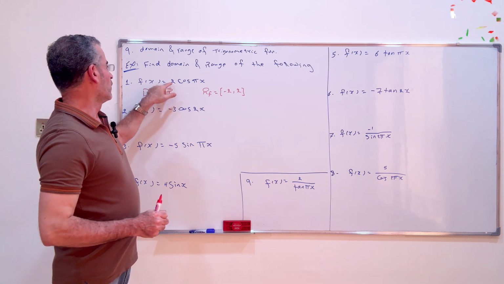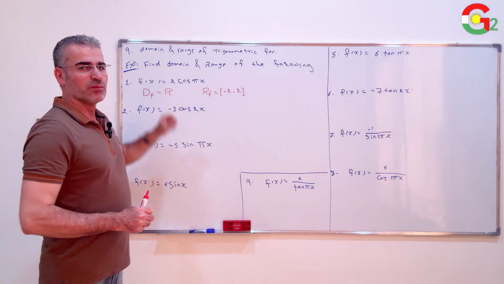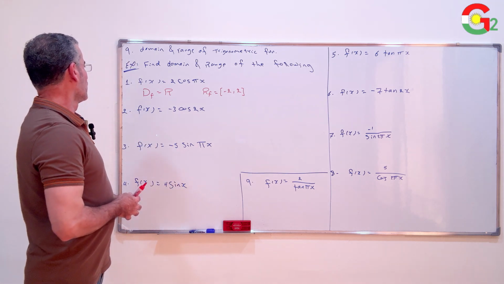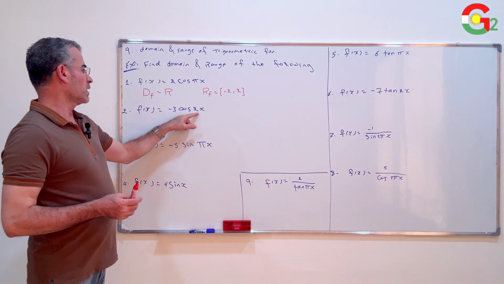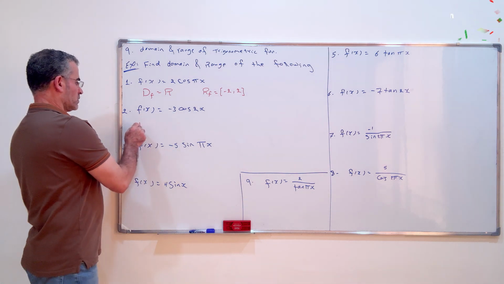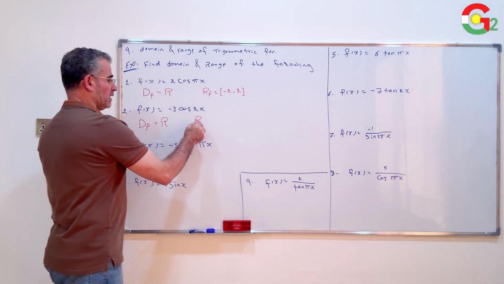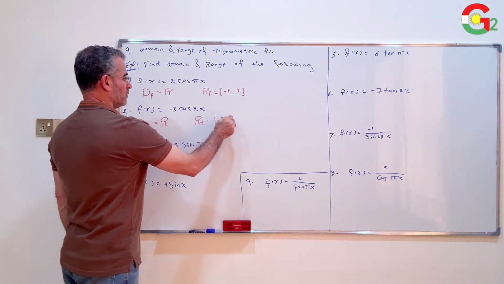The constant that affects the range is the number multiplied by the cosine or sine function. f of x equal negative 3 cosine 2x. Also the domain is all real numbers and the range is from negative 3 to 3.